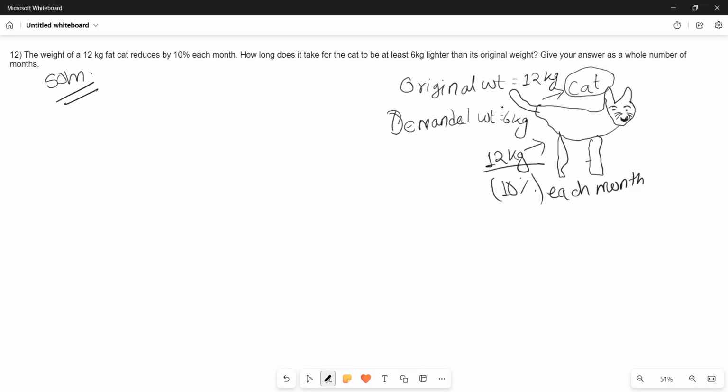The question has asked us to find how much time it will take to become 6 kg lighter than the original weight, isn't it? So think for some time, think logically. How much time does it take?